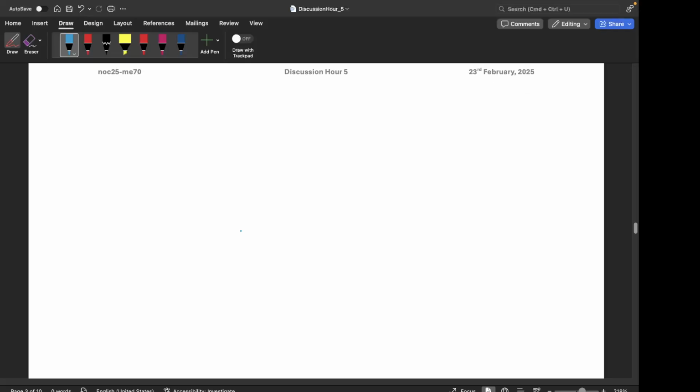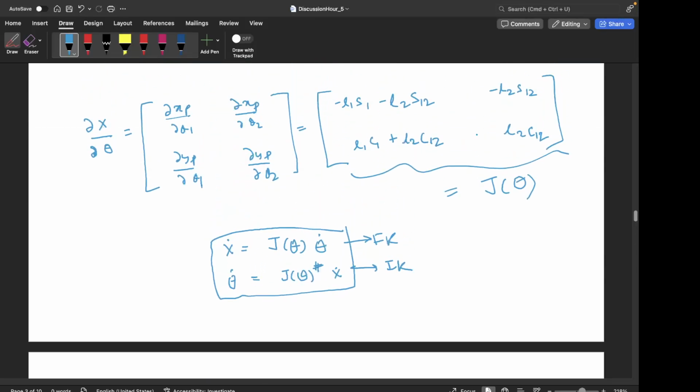Now an important quantity that we have is the determinant of the Jacobian, right? So for a 2R manipulator, the determinant of Jacobian is given by, let's do that.